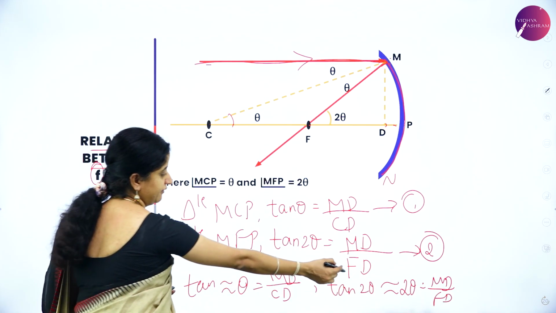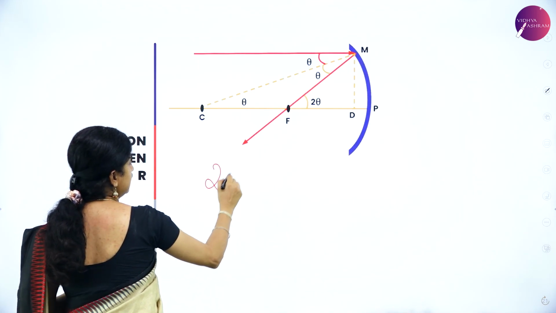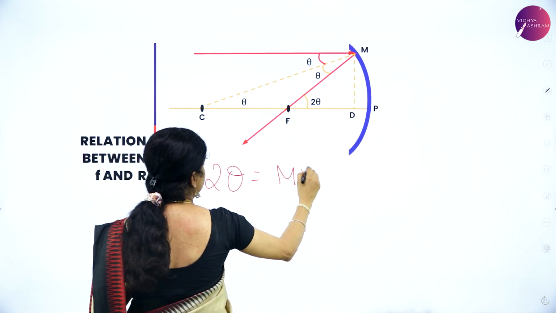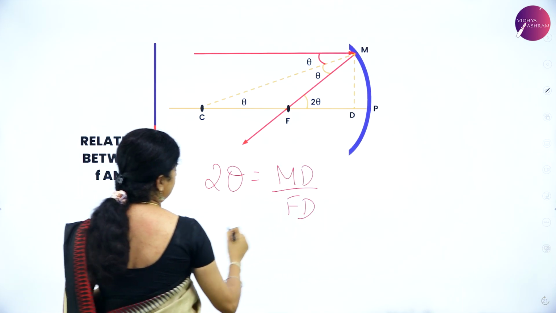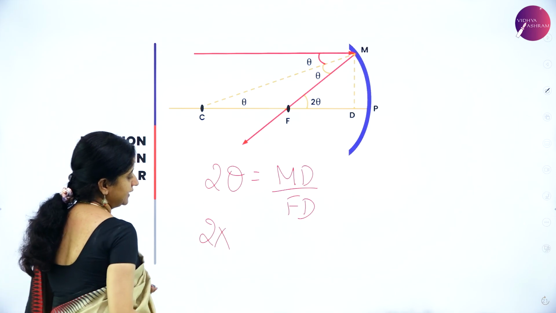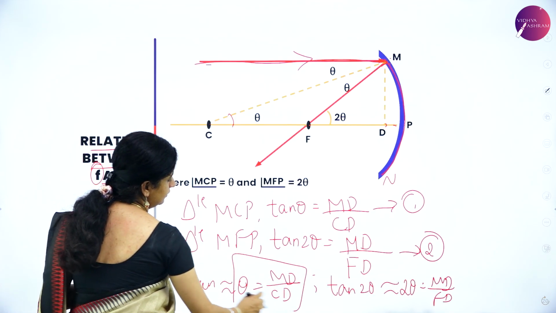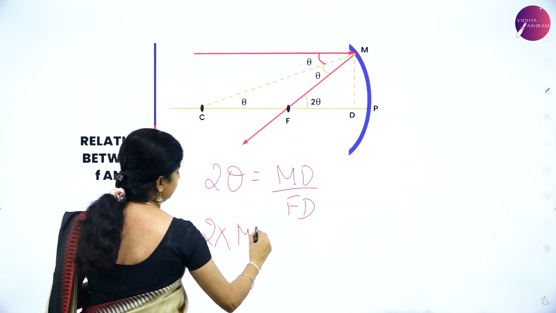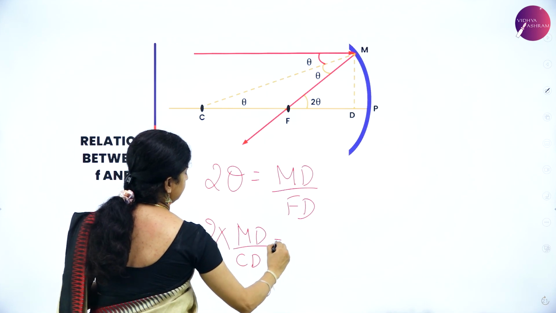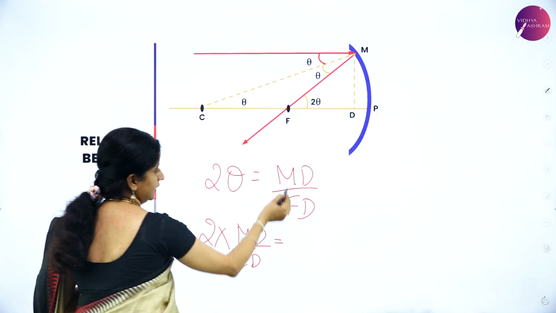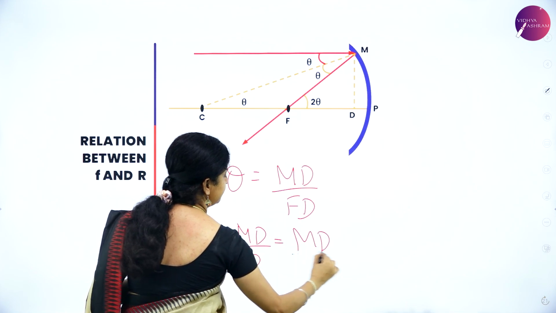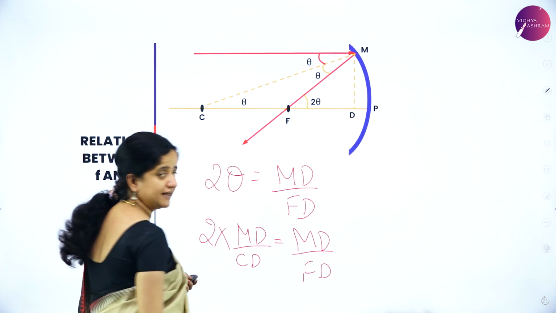Now, we have 2 theta equal to MD divided by FD. But in place of theta, I can substitute this value, that is MD divided by CD, which is equal to, again, MD by FD on my right hand side.